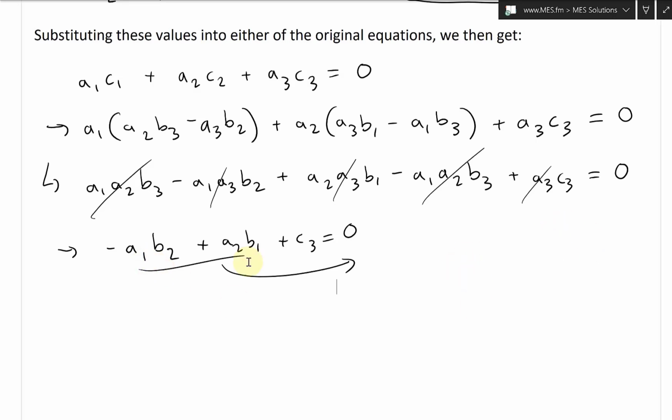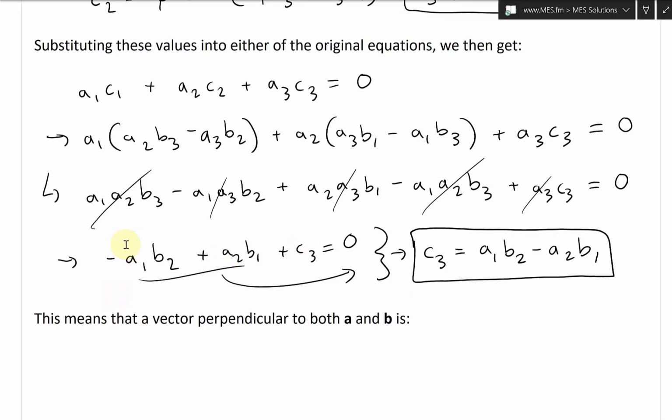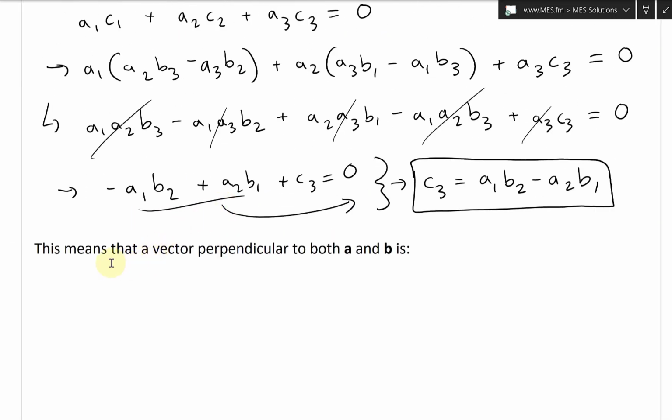So what we get is, lastly, we switch signs. This becomes C3 is equal to A1 positive, B2, then minus A2, B1. Like that. Fascinating stuff.